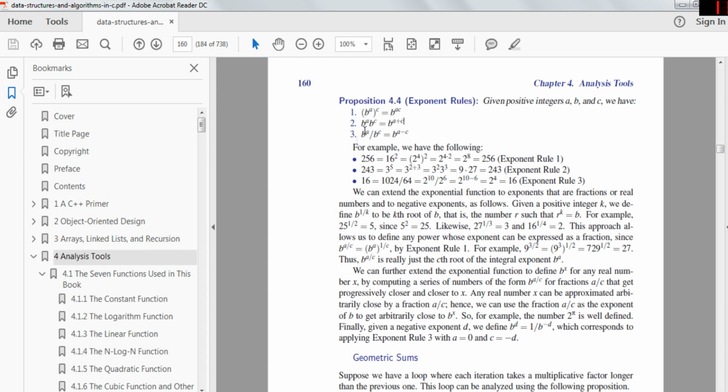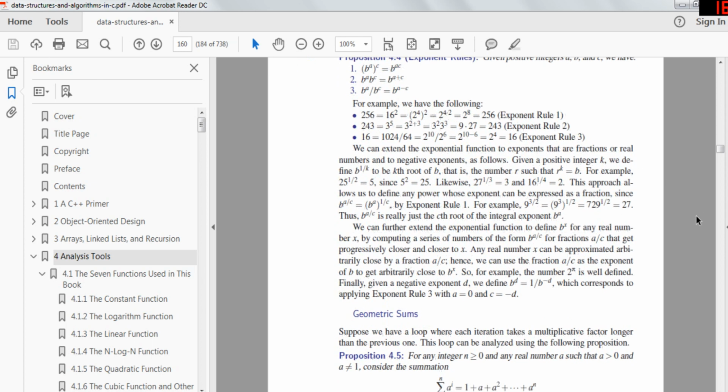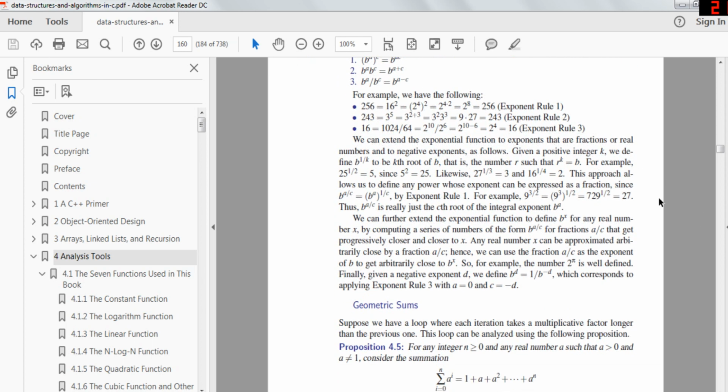And here's an example that they have here. You can extend the exponent function to exponents that are fractions or real numbers or negative exponents as follows. Given a positive integer k, we can define b to the 1 over k to be the kth root of b.